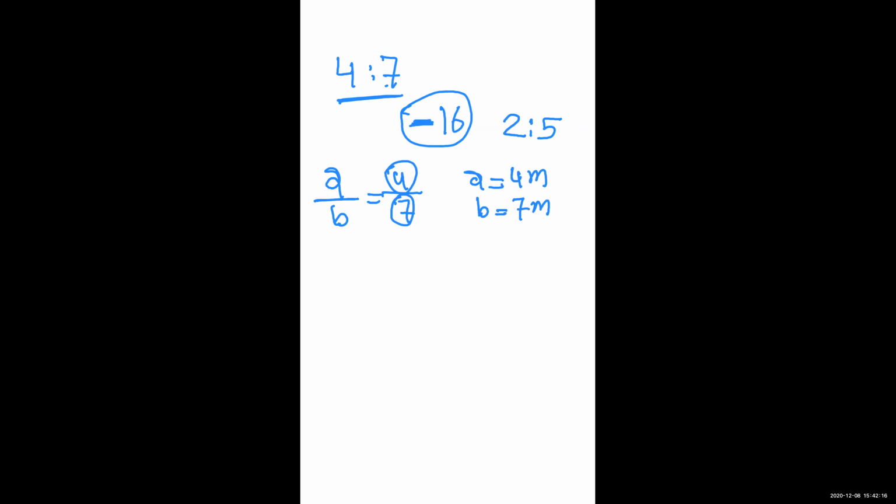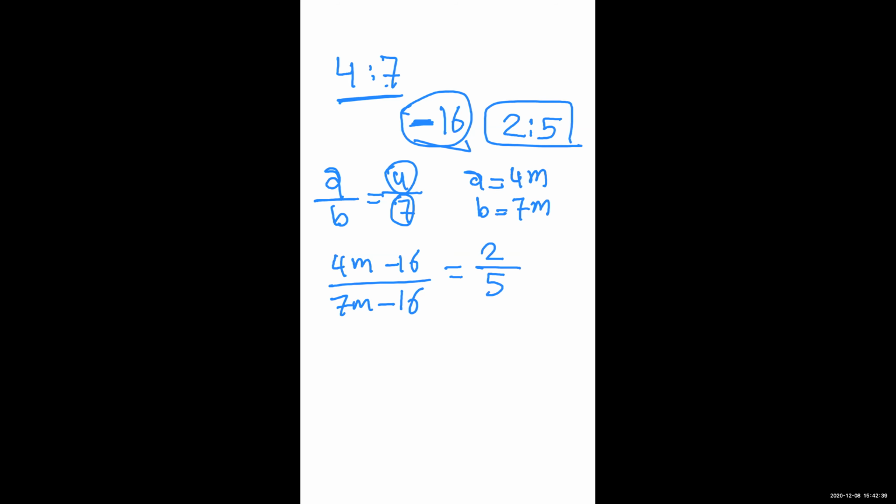We said that if we subtract 16, this means A over B, which is 4M minus 16 over B, which is 7M minus 16, it will become 2 to 5, so 2 over 5.